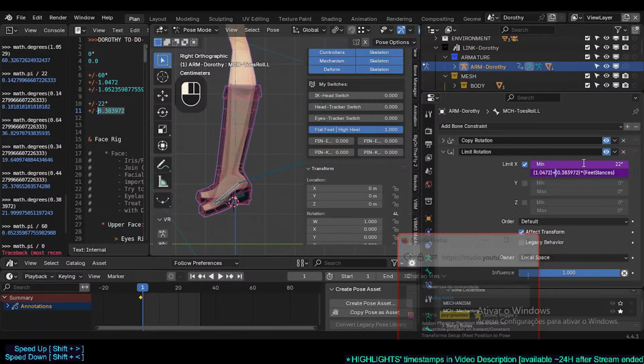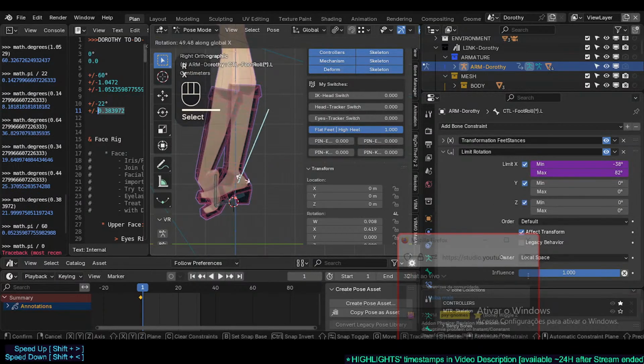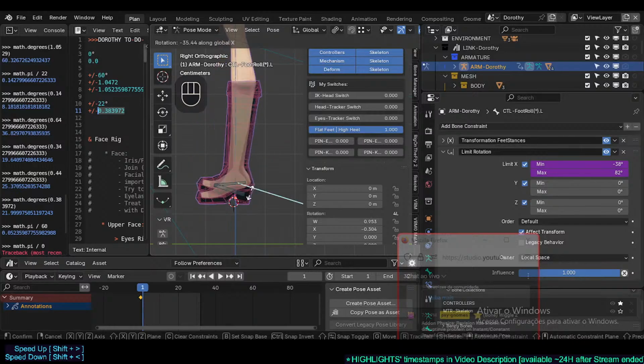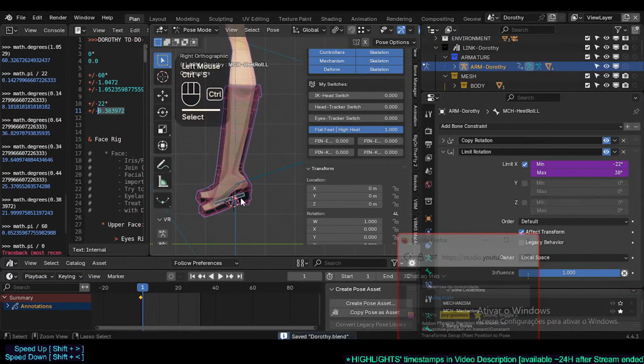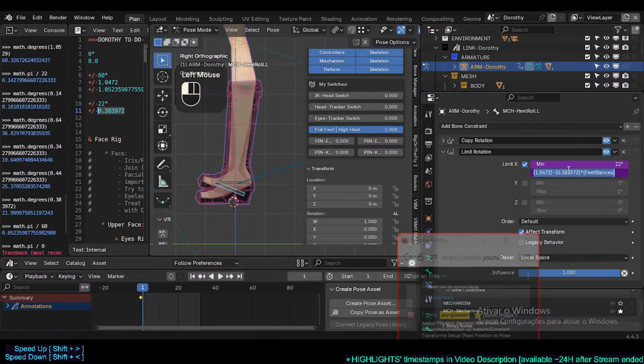Positive here. Okay, so here we got something, and then as for this one, they need to be in sync.